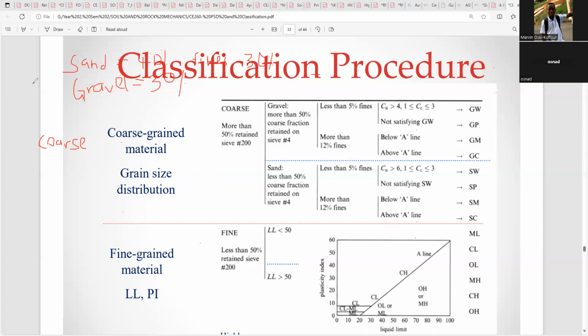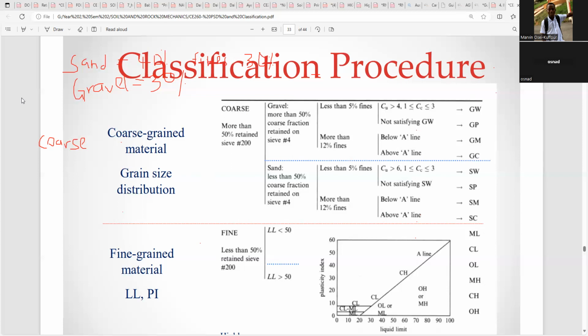Whatever is retained on sieve number 200 means that it is either sand or gravel.